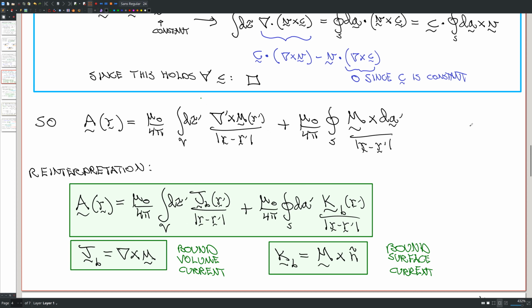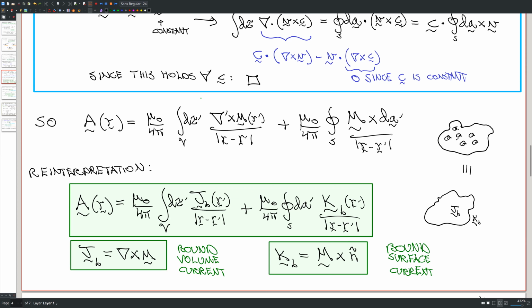It tells you that if you have a chunk of matter in which you've got lots and lots of magnetic moments here and there with spatially dependent amplitudes, then as far as the magnetic field or the vector potential is concerned, this is the same thing as the same shape piece of matter, but containing a certain current inside it and a certain surface current on its surface, where these are the bound volume and surface current.